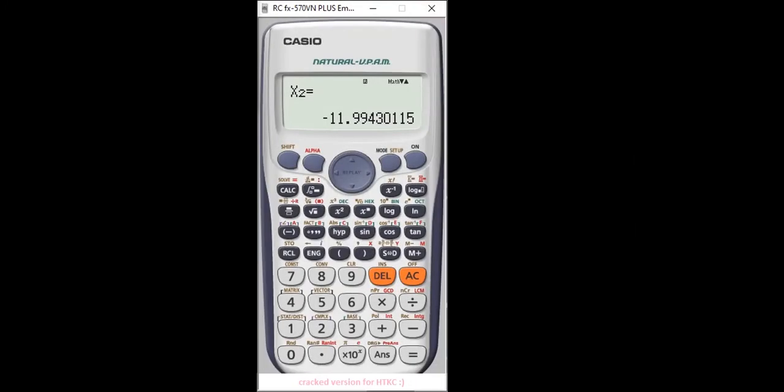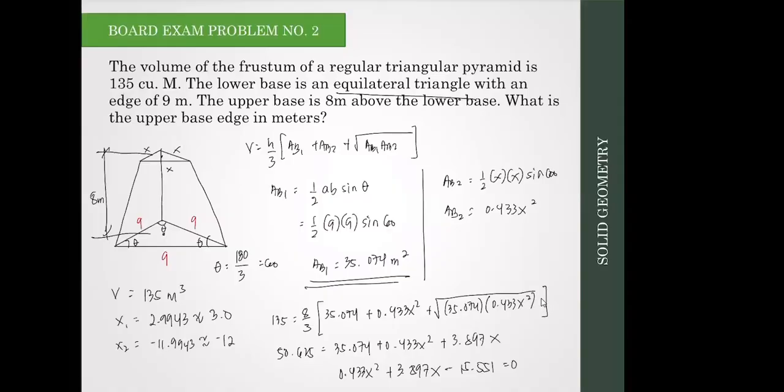So therefore, our answer should be yung positive value na nakuha natin for x, which is yung 2.9943 or equivalent sa 3. Okay? Therefore, ang ating sagot is yung x value na 3. Okay? So, 3 meters pala yung edges natin.